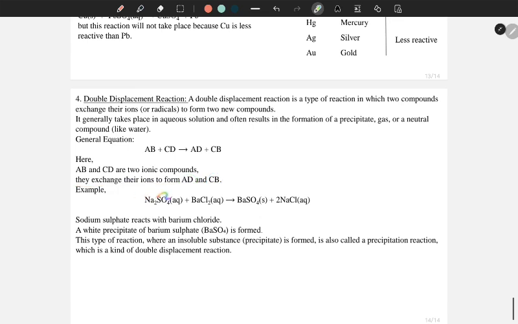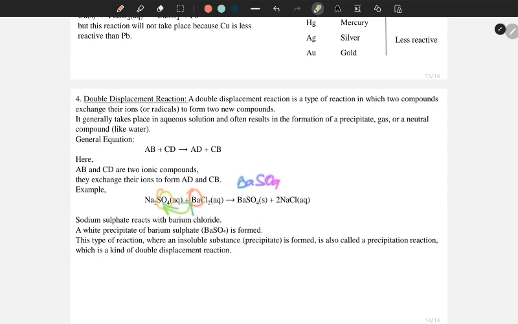So this is an example here. Sodium sulfate plus barium chloride reacts to give barium sulfate plus sodium chloride. Here sodium exchanges the ion with chloride and forms sodium chloride, NaCl, and barium exchanges the ion with sulfate and forms barium sulfate.